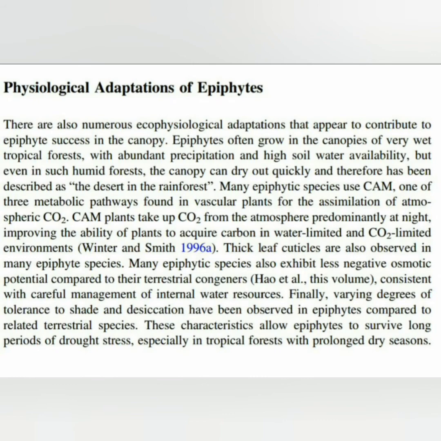The physiological adaptations in the plants appear to contribute to epiphyte success in the canopy. The canopy is the uppermost branches of the trees in a forest. So in a forest you will find that these epiphytes are growing on the uppermost branches of the trees, forming a more or less continuous layer of leaves.